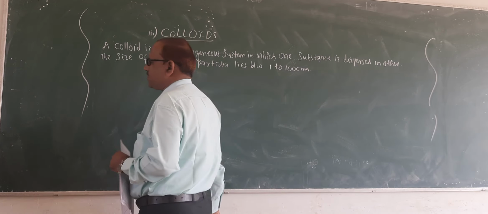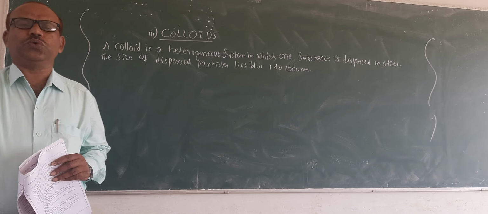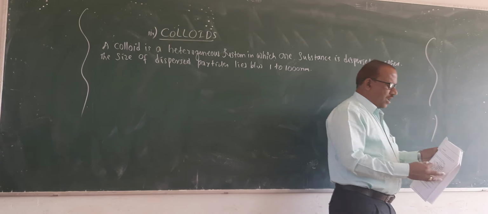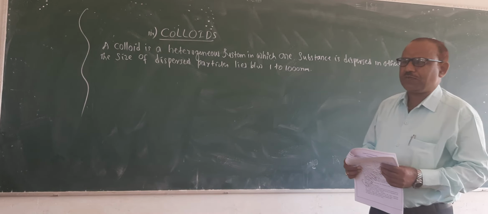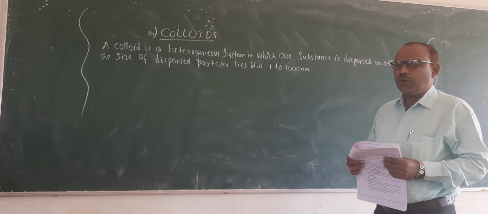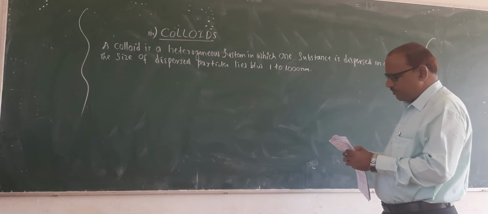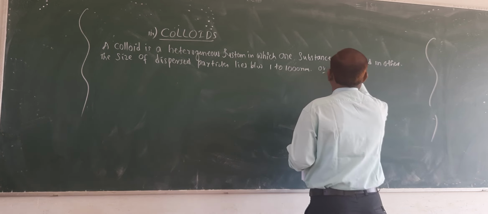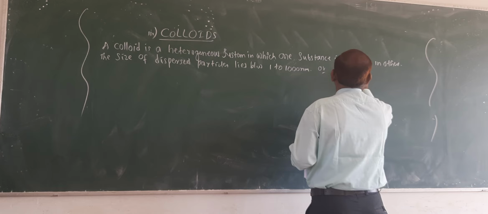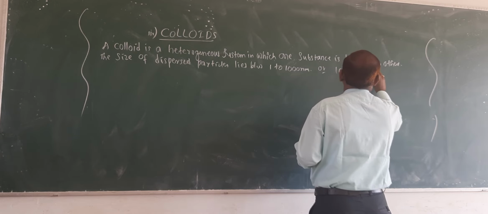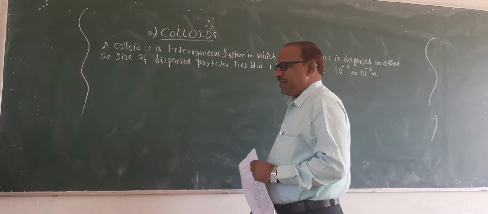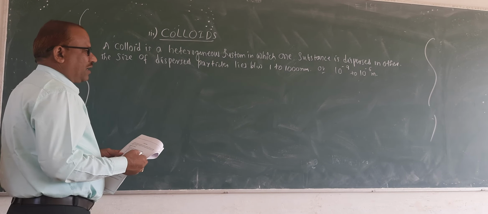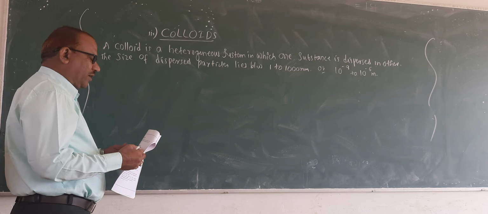This is the best point we use to give the definition for colloids. The dispersed phase particle size lies between 1 to 1000 nanometers, or it lies between 10 to the power of -9 to 10 to the power of -6 meters. That is the better definition. We can have different methods to classify colloids.